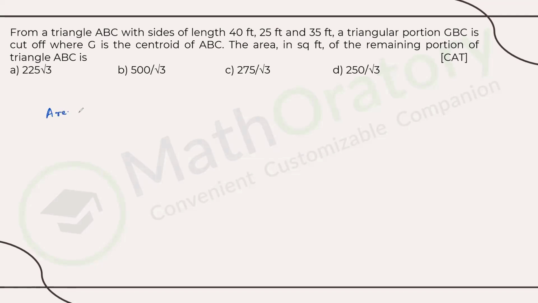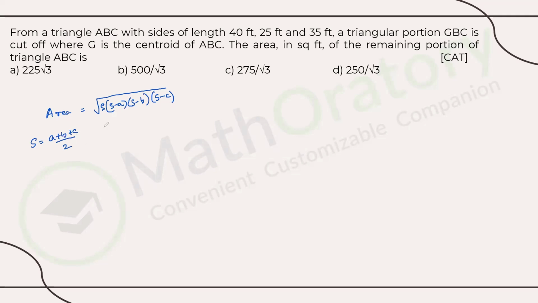So the area of a triangle is root over S into S minus A times S minus B times S minus C, where A, B, C are the three sides of the triangle and S is the semi-perimeter, or rather half of the perimeter.